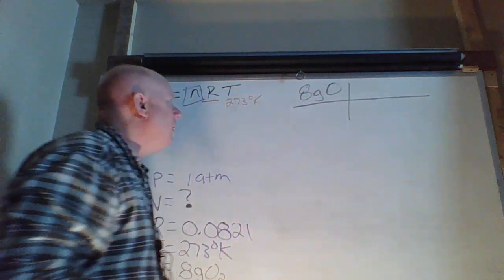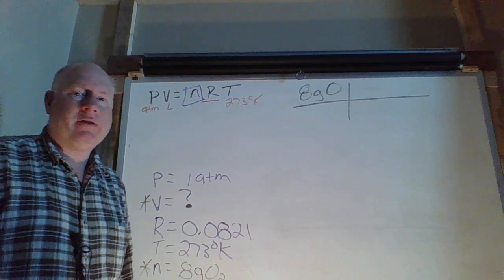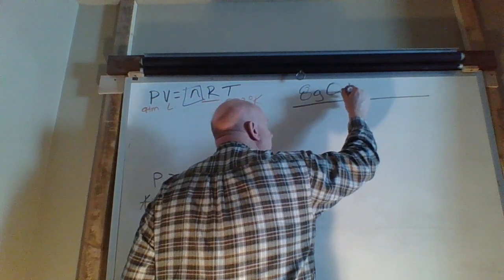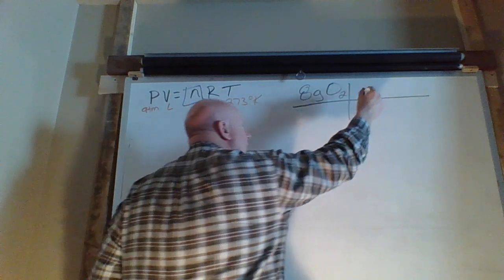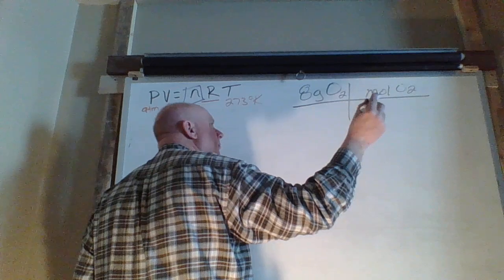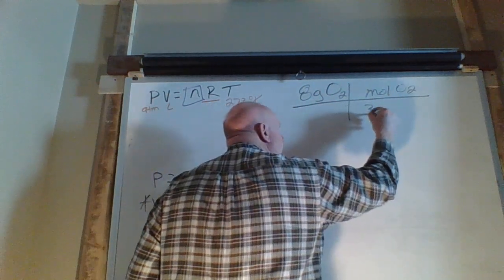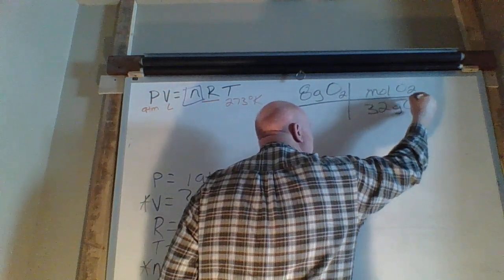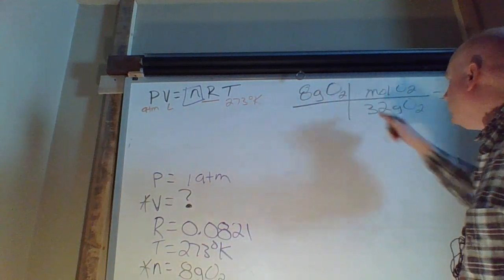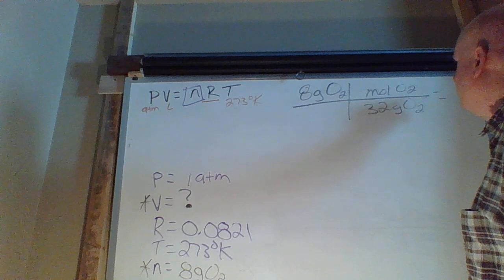Okay? So as you may have guessed, if you have 8 grams of O2, not just oxygen, we need to convert that to moles of O2, or oxygen. And then upon doing that, we've got 32 grams of oxygen, okay? And then approximately, 8 goes into 32, I believe, 4 times.